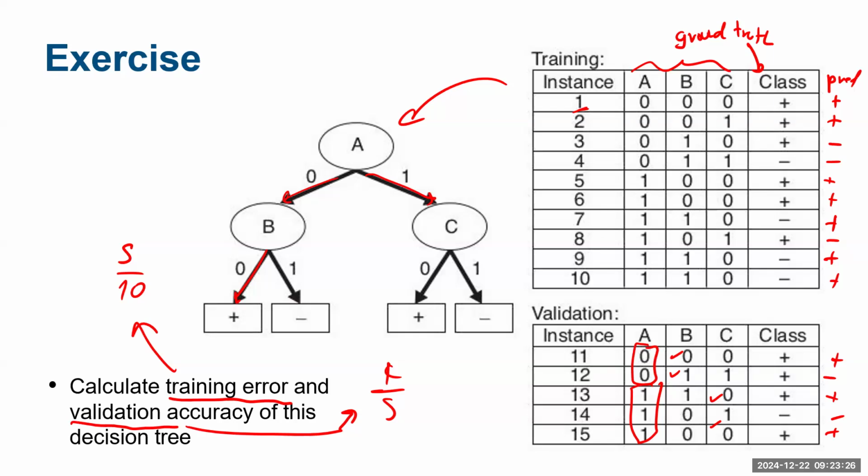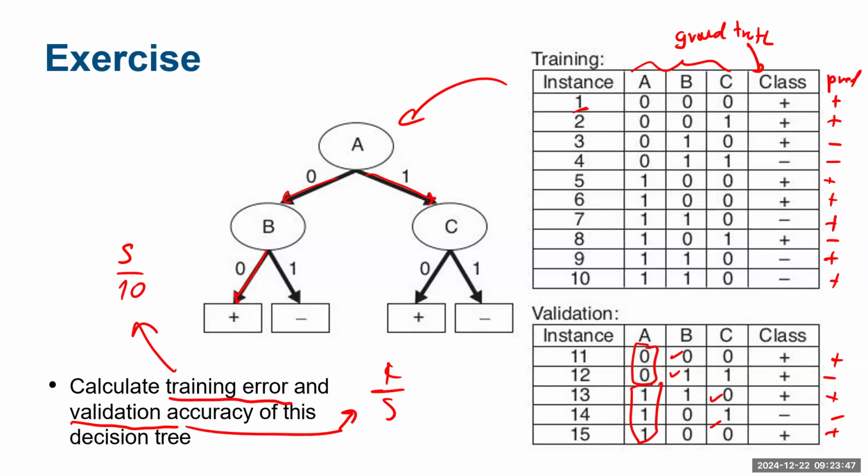Right? So when you have a decision tree, it's very easy to make a prediction. You just look at the attribute at the node, and then you look at the value, and then you pick the side corresponding to the value of that attribute.